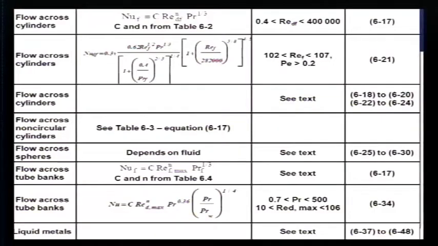So the equation associated with this is simply the Nusselt number, and again here we have to go back to the film temperature, which is the average between the wall and the bulk temperature. So the Nusselt number equals C, a constant, times the Reynolds number defined in terms of the diameter of our cylinder.